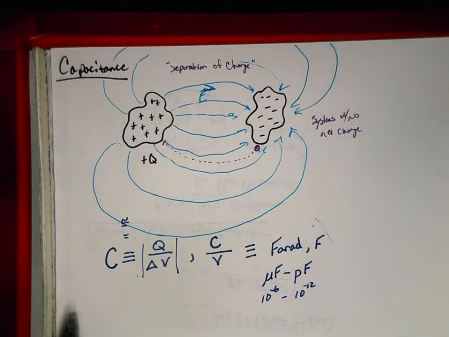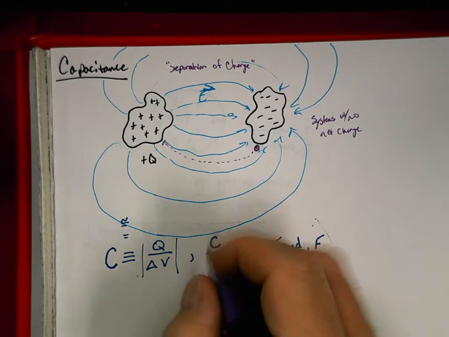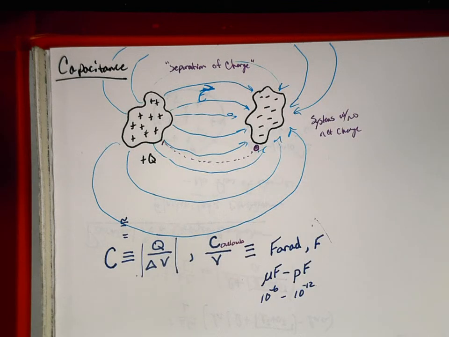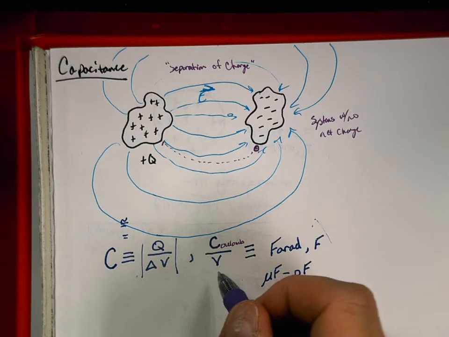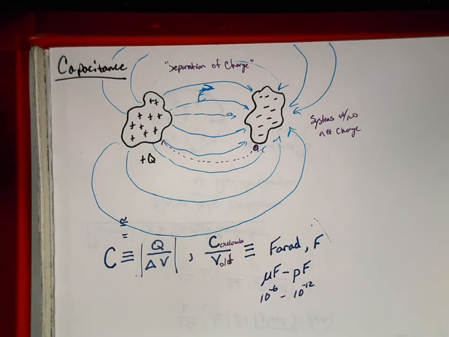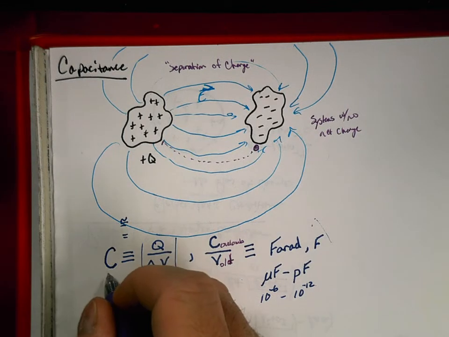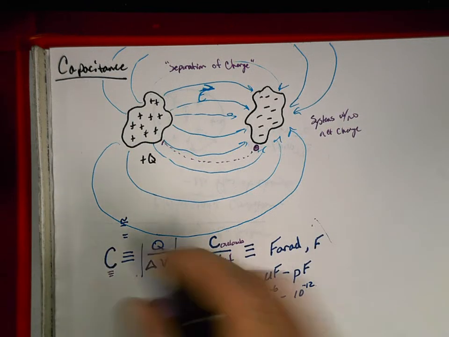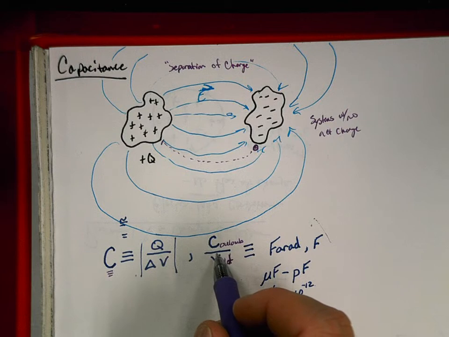Now, here's the trouble, and this is a common pitfall that you guys need to avoid. This is coulomb. Our unit of capacitance is a coulomb per volt. Volt with a T, not a D. Do not confuse this C, which is the variable for capacitance, with the unit coulomb.